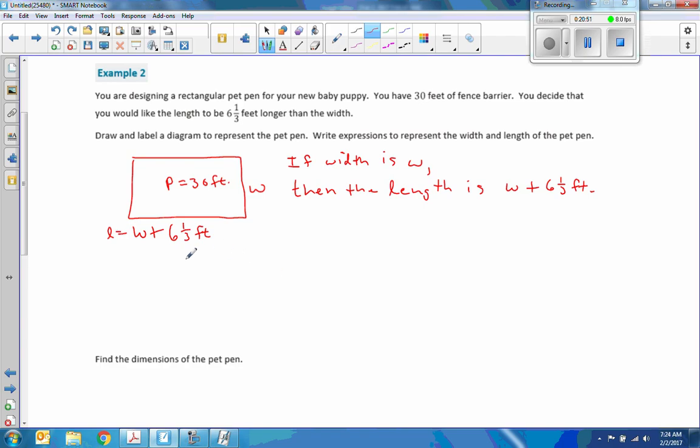Okay. So I'm going to do this algebraically. So we know that perimeter is length plus width plus length plus width. So I'm going to write that. Perimeter equals 2 lengths plus 2 widths. So I have a length here, I have a length here. I have a width here, I have a width here. So that's 2 of each.